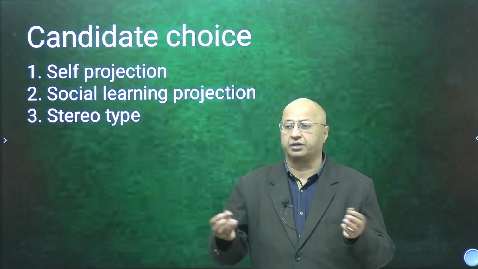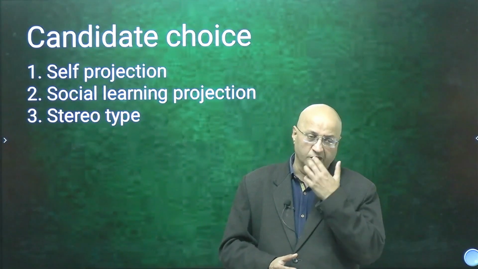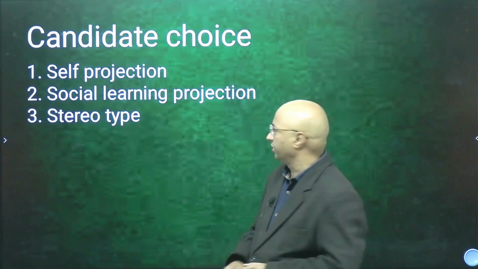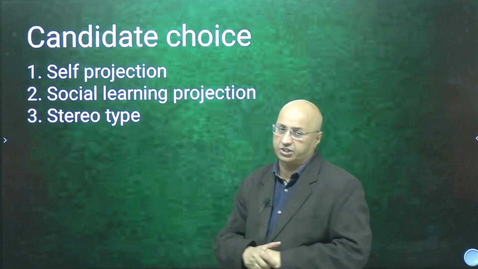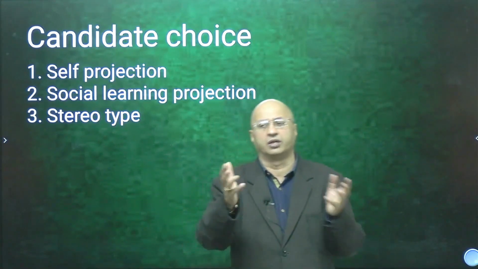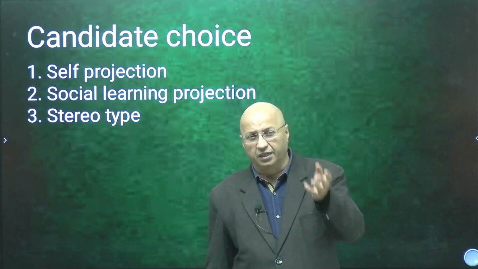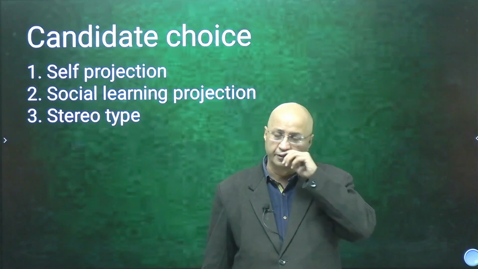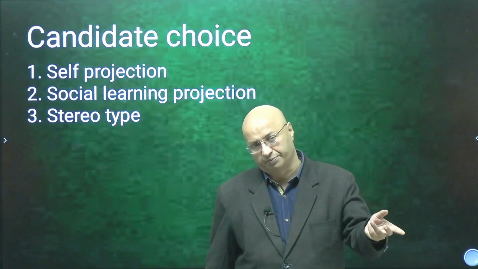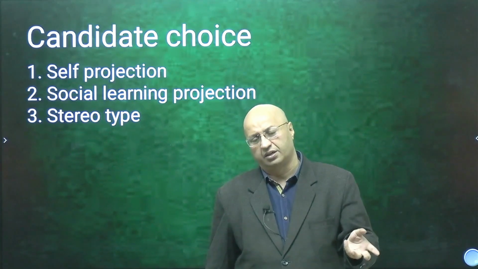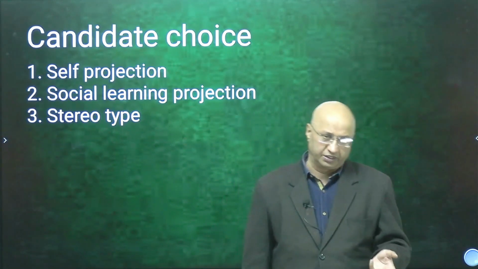But there can be self-projection. Self-projection means you can create a character similar to you and can go back to your memory lanes of your school, college and write a story. Second is social learning projection. There are many things which you are learning from the society, and the picture was of a field or maybe of a hospital, and you have made a good doctor as the person. So here you identify the role of a doctor, how responsible it is, how it has to be done nicely.